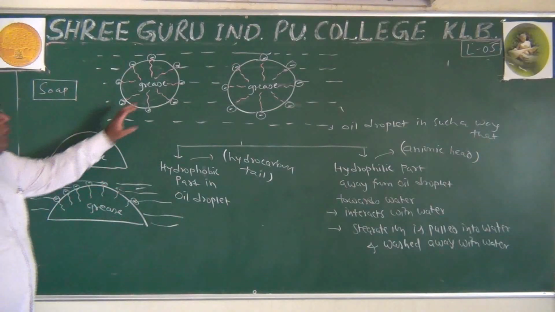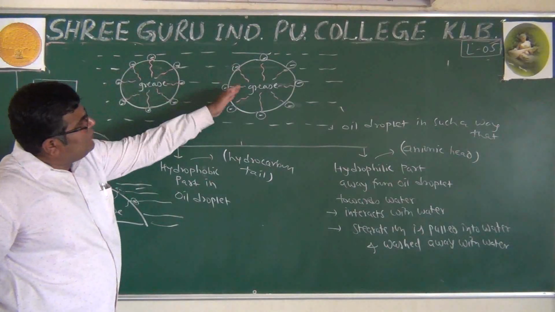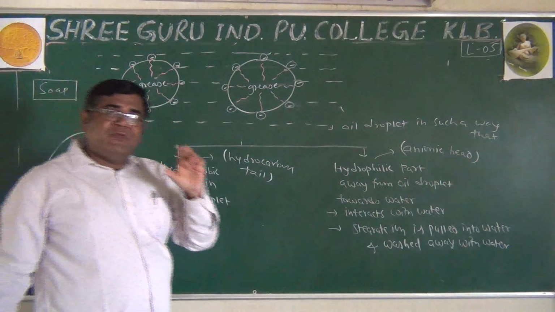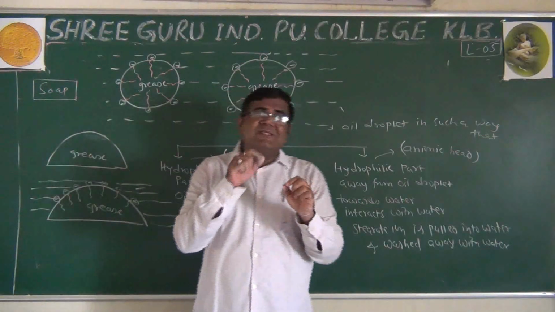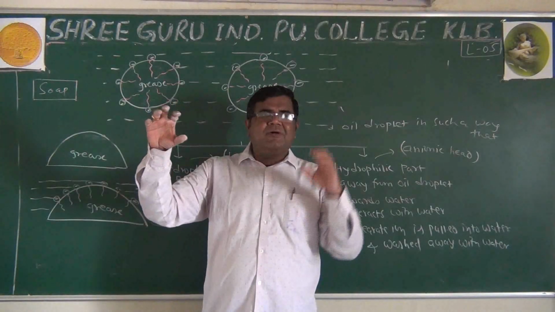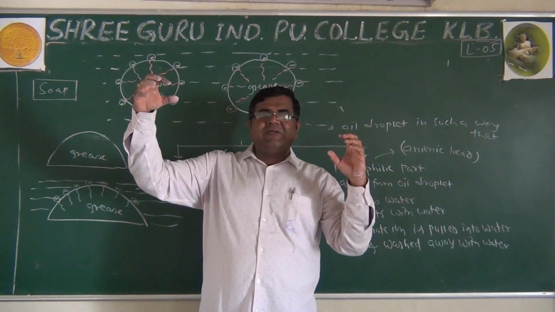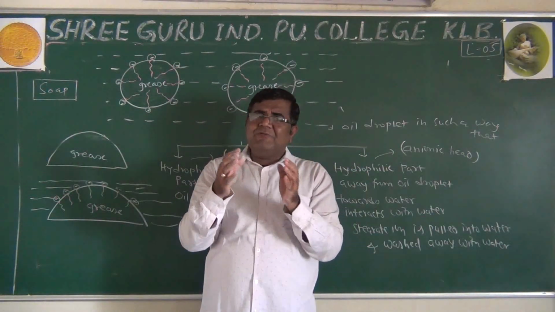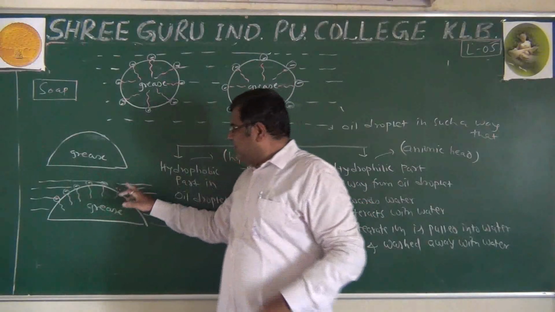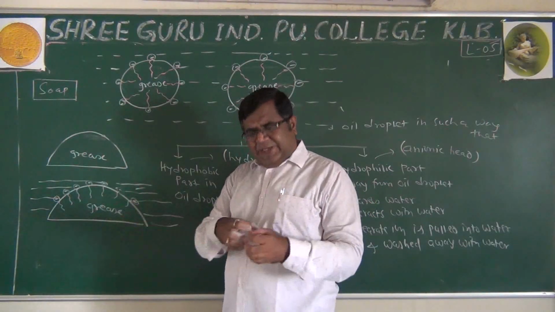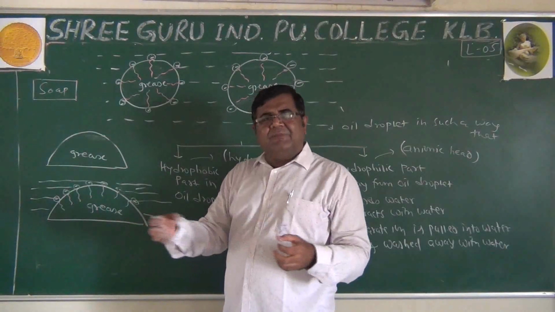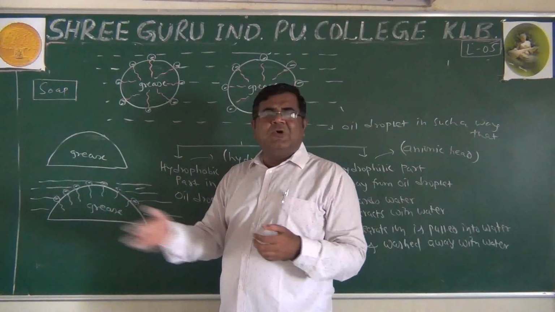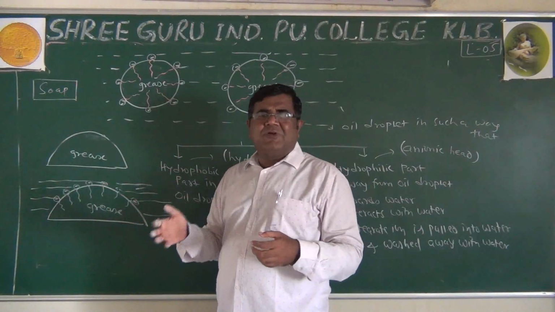So why is this oil washed away? Because soap has something which is similar to oil. And what is that something? Non-polar. Oil is non-polar, soap also has that non-polar part. It interacts with this, and soap has such a part which interacts with oil as well as water. And that's why it is plucked up, just like we pluck flowers. And with the continuous flow of washing, the oils are washed away.